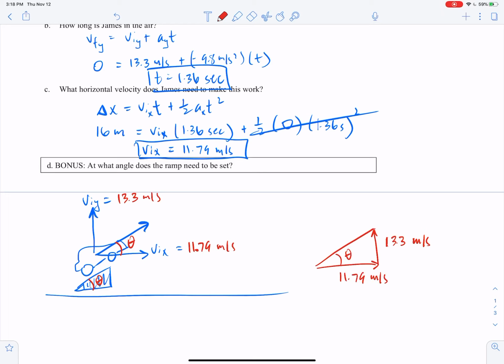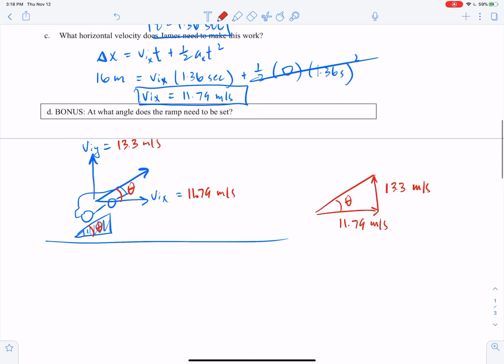And so the angle is just going to be the inverse tangent of them. So we know that the tangent of this angle is going to be equal to the initial horizontal divided by the initial vertical, right? So this is the initial vertical. Oh, I'm sorry, backwards. Initial vertical divided by initial horizontal.